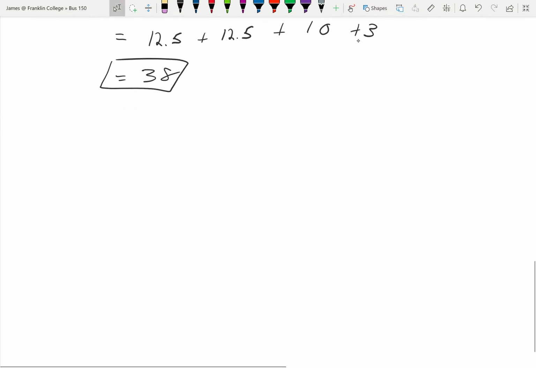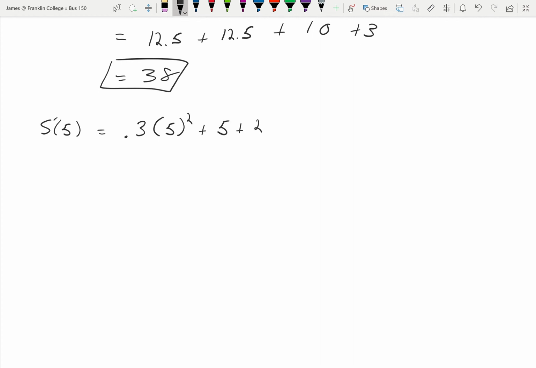Well, we can also figure out what s prime of 5 is. What is the marginal rate of sales at 5 months? Well, we can plug that into our equation. We'll get 0.3 times 5 squared plus 5 plus 2.